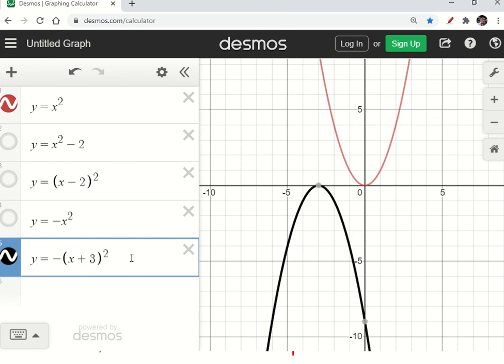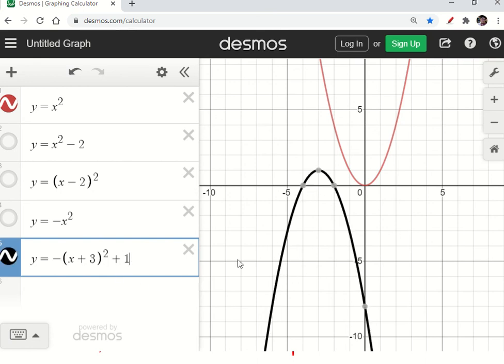And after that, we add 1. So we have something like this. This is negative 3 and the y is 1, and the y-intercept is negative 8. So we have the graph like this. We can use the transformation technique here to sketch the graph.